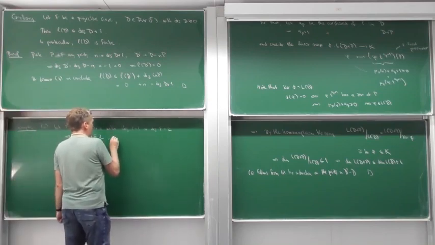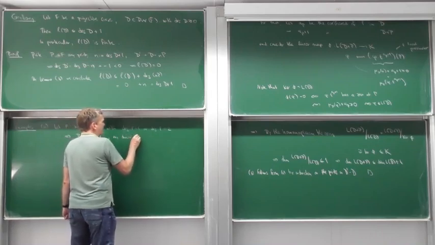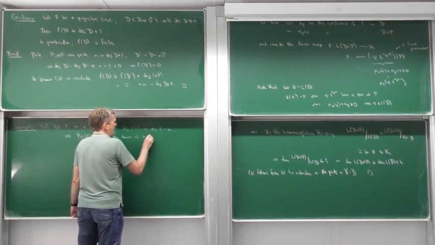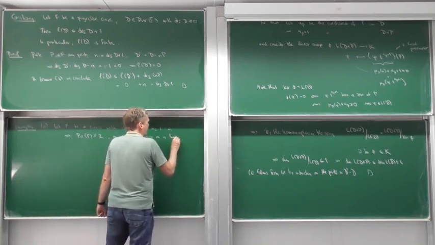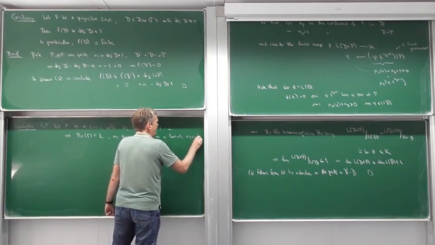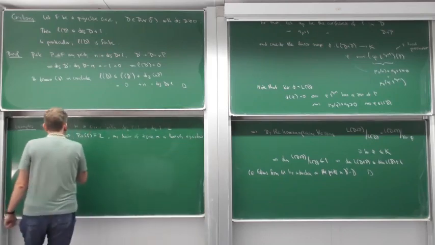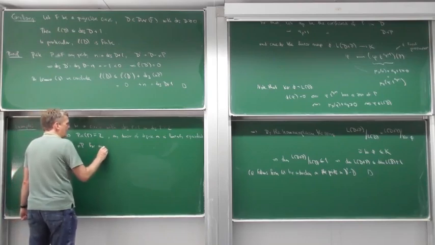That means any divisor of degree n is linearly equivalent to nP for any point P.